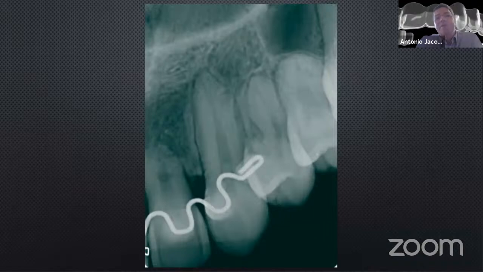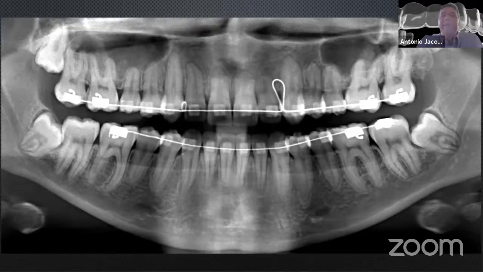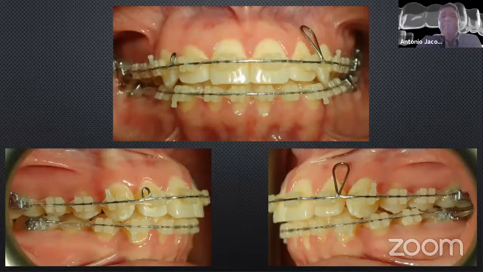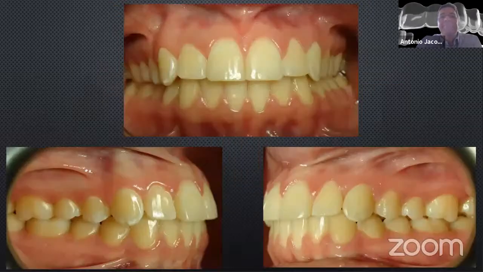And the lateral incisor, even having a very large portion of this root resorbed, has held long term in the patient's mouth. So that was interesting to see, because maybe we can make a wrong choice extracting this resorbed incisor instead of maintaining it.